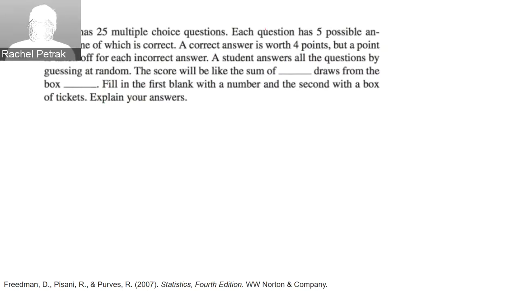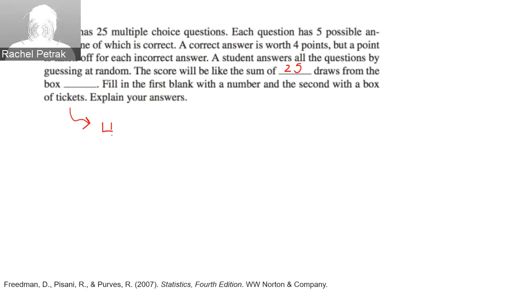Okay. So the score here will be like the sum of 25 draws, because there's 25 multiple choice questions. And the box looks like, to just expand this in a bigger area for us, like this.